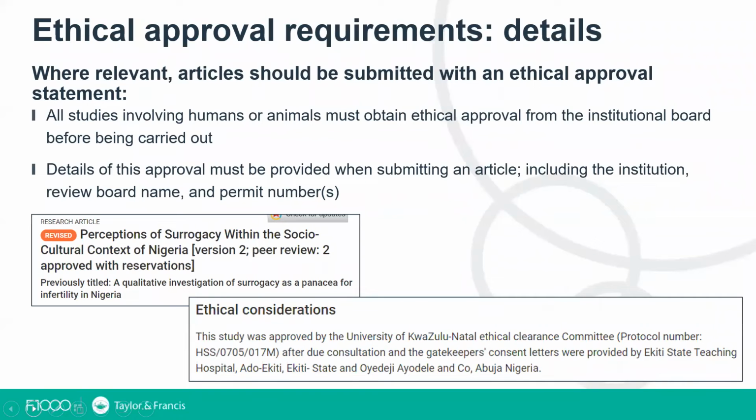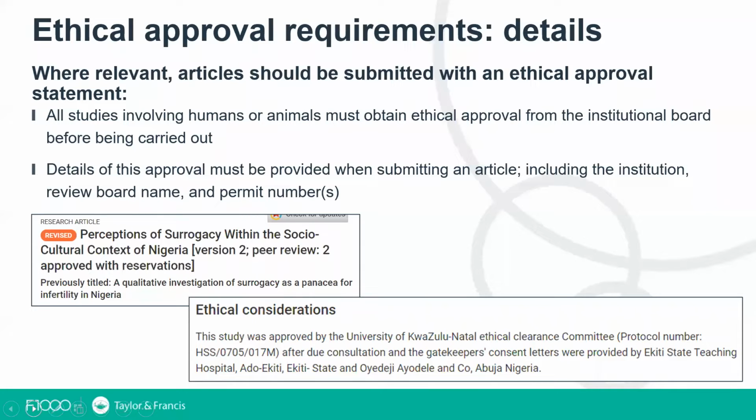Now, moving on to ethical approval. To go into ethical approval in more detail, for all studies involving humans, and when I say human subjects, I mean anything from drug experimentation to interviews to online surveys, we require an ethical approval statement. Ethical approval should have been obtained prior to the study being conducted.